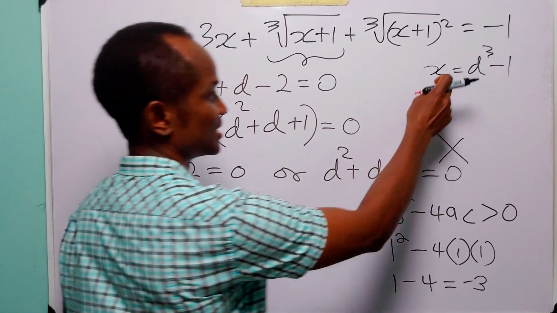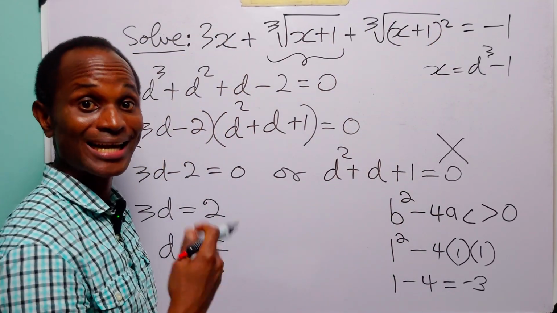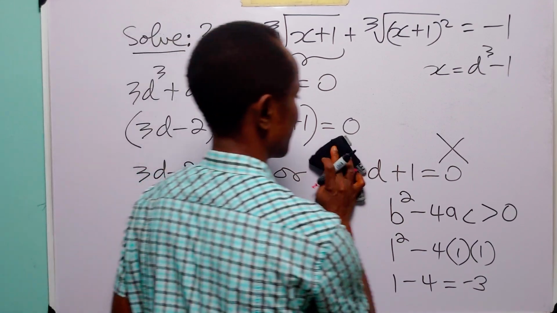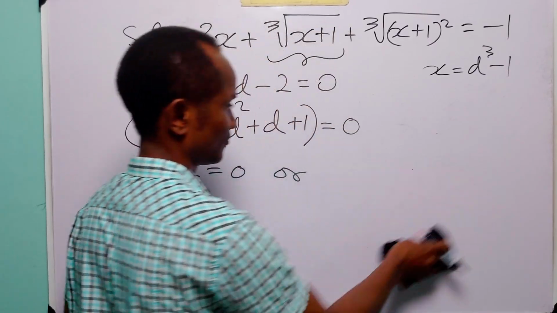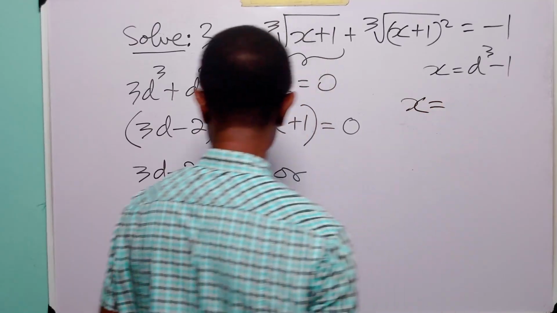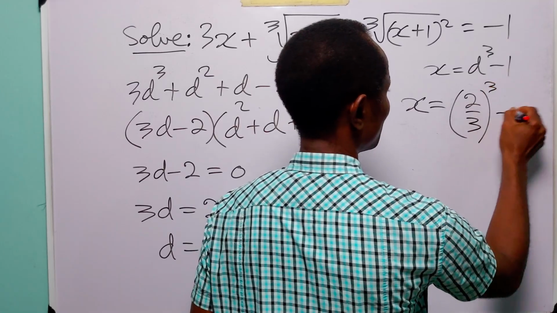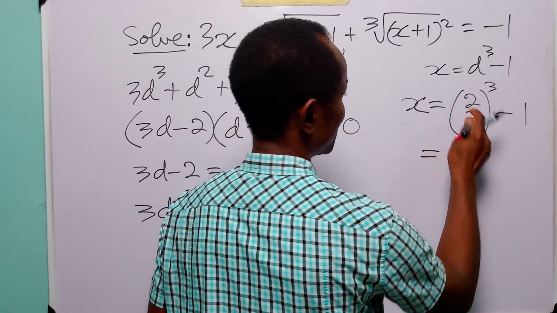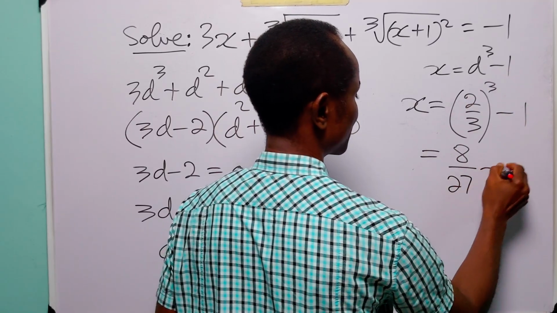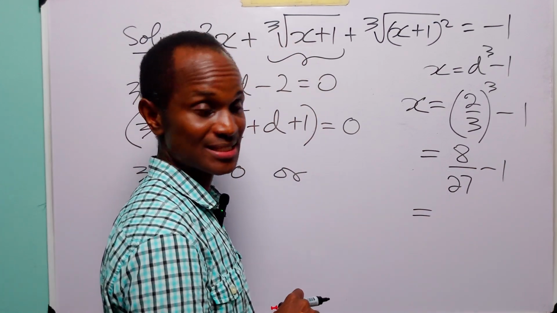Lastly, we go back to this equation to find the value of x that satisfies the radical equation now that we have found the value of d. So substituting into this equation, we have that x is equal to 2 over 3 cubed minus 1. 2 cubed is 8 and 3 cubed is 27, minus 1. 27 times minus 1 is minus 27.